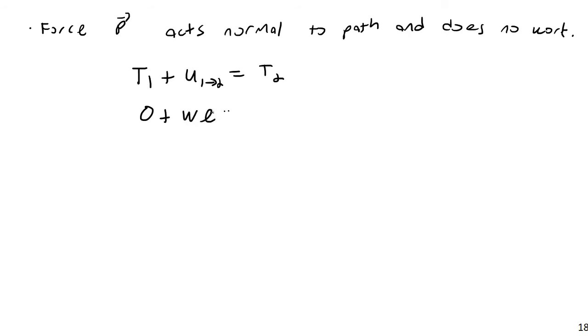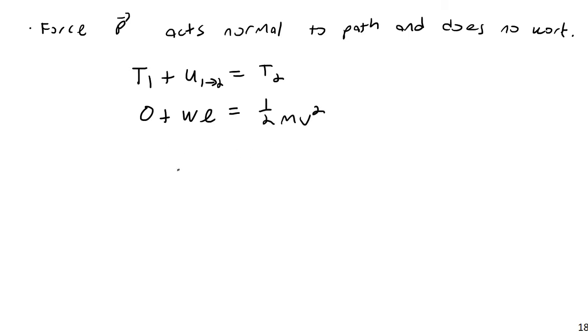Again, I'm using the work equal to the component of the force times the displacement in that direction. The displacement in the vertical direction is just equal to L. And this is going to be equal to WL, and then 1/2 mv squared.